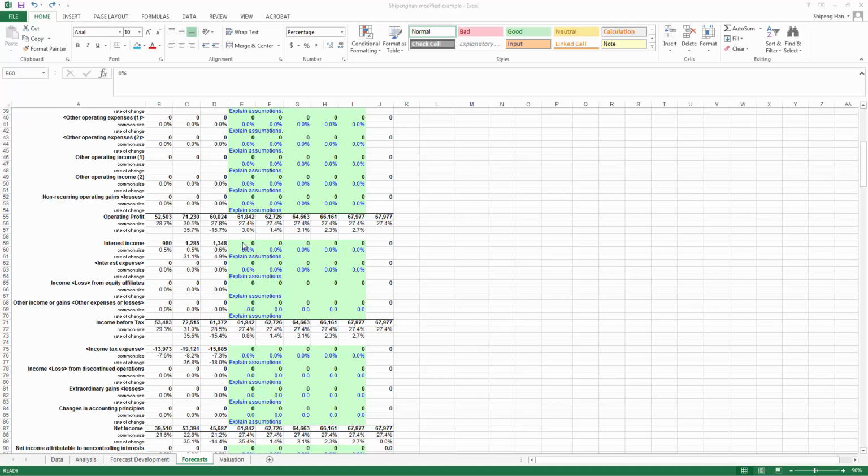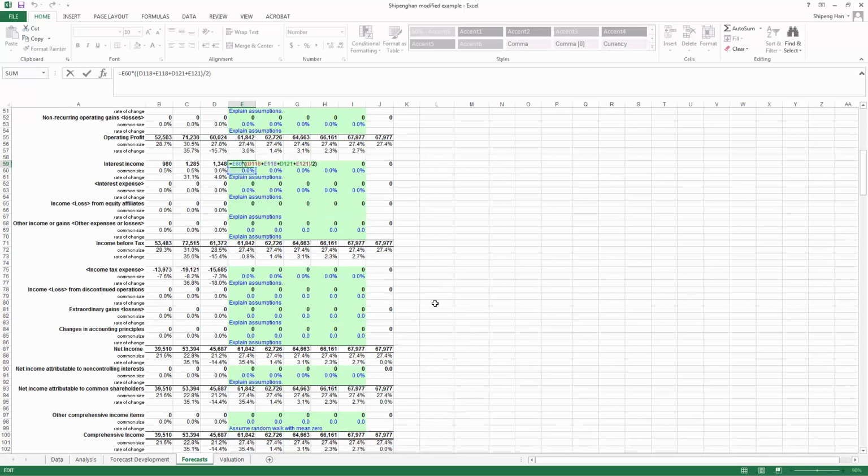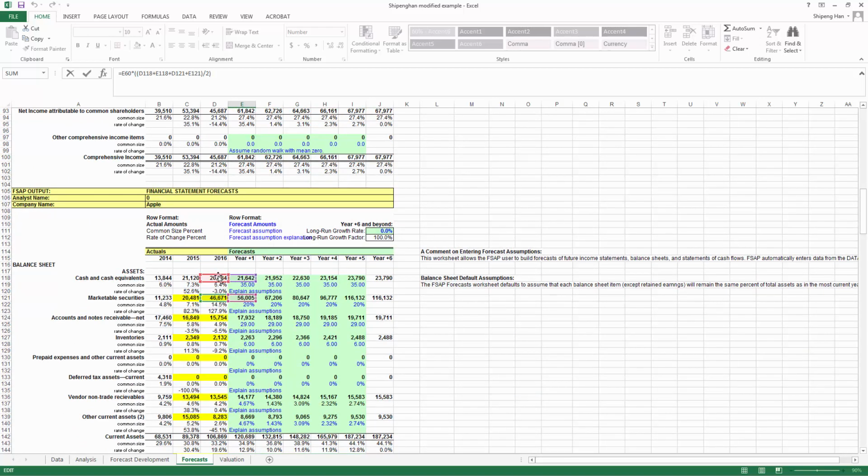Actually, in the template, if you click the cells here, this row we are going to enter the average interest rate for the financial assets or financial investments. And these 4 are actually the average balance of cash and marketable securities.